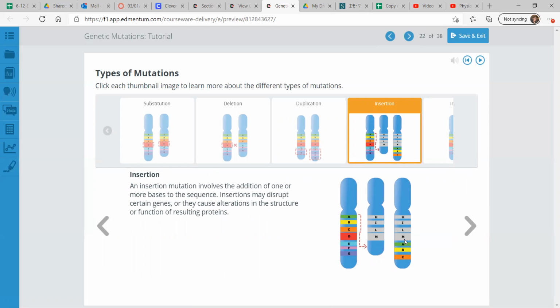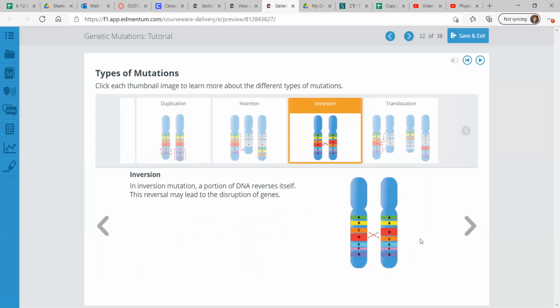Insertion, that is when a mutation involves the addition of one or more bases to the sequence. Insertions may disrupt certain genes, or they cause alterations in the structure or function of resulting proteins. Inversion, that is when a portion of DNA reverses itself, and that reversal may lead to the disruption of genes.